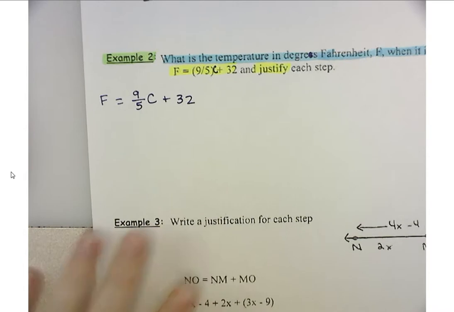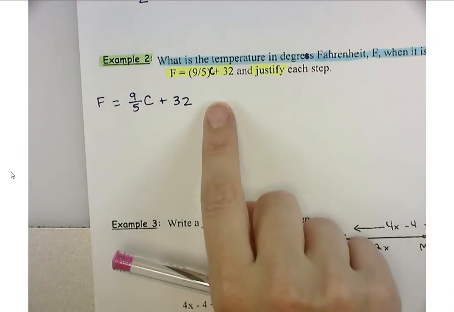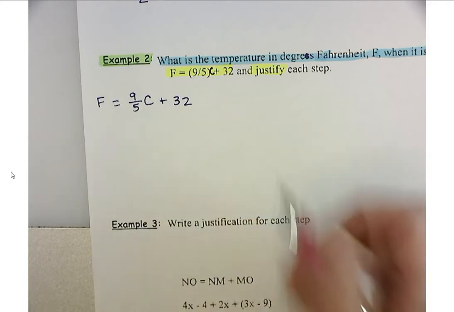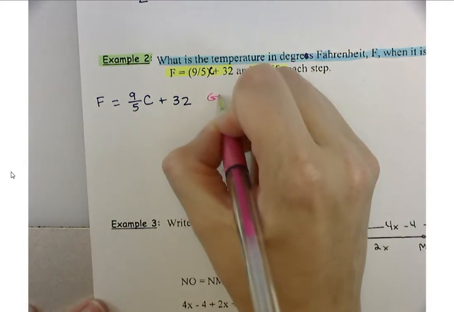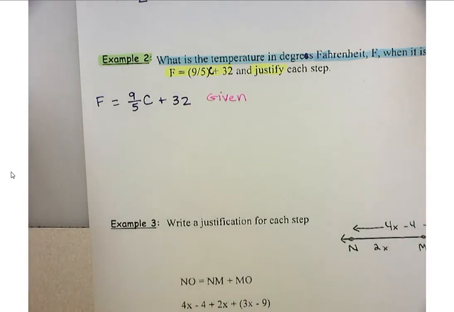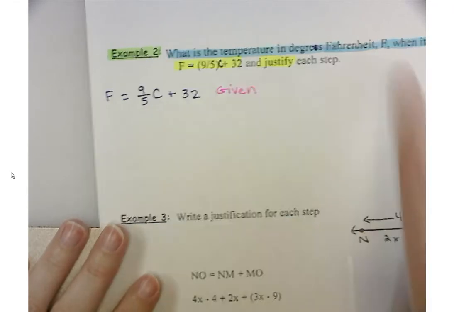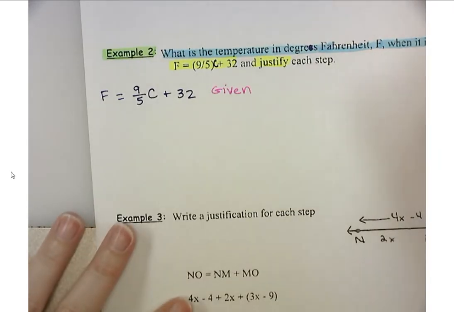Okay, and your first step is always going to be what as your justification? Given. Good. So this is given to you. Okay, and then we're actually going to go ahead and plug in our 15. So it tells you when it is 15 degrees Celsius.